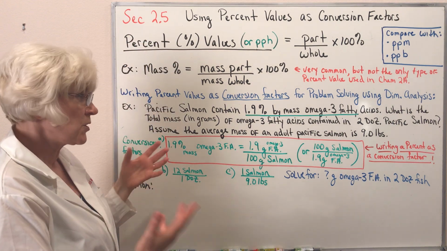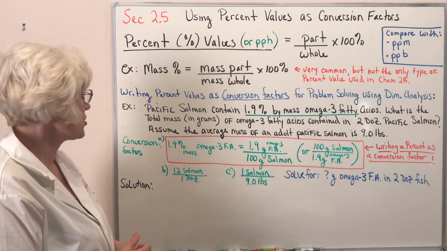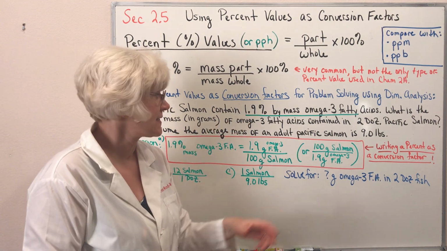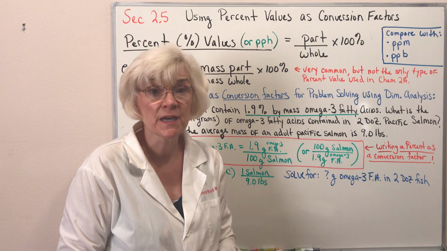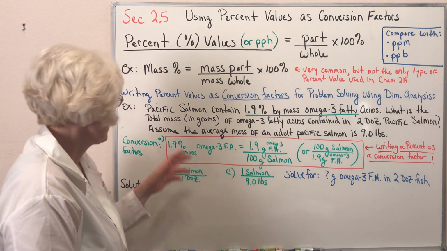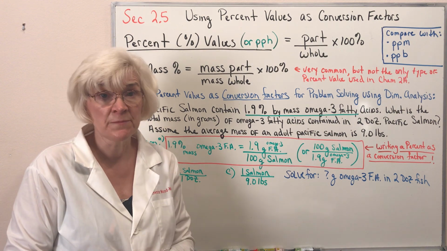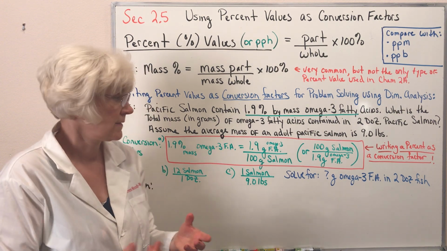So the question here is, what is the total mass in grams of omega-3 fatty acids contained in 24 Pacific salmon? And we're going to assume the average mass of an adult Pacific salmon is 9 pounds.